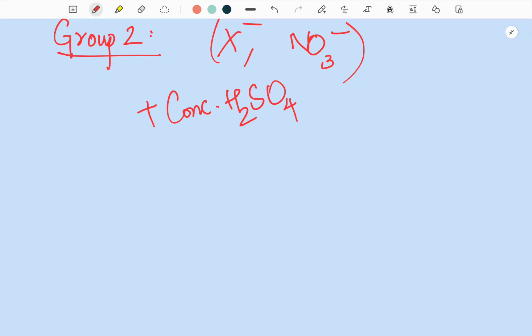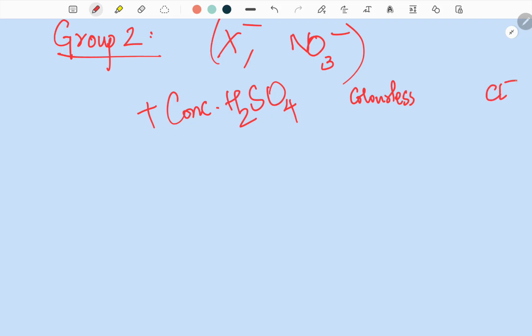Now, what is the color of the gas? If you are getting a colorless gas, then you can say that it is chloride. If you are getting a reddish brown gas, then you can say it is bromide. And if you are getting violet vapors, then you can say it is iodide.